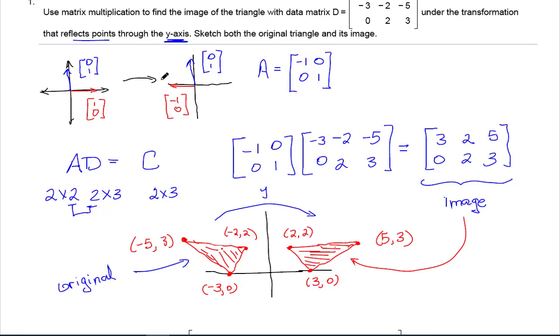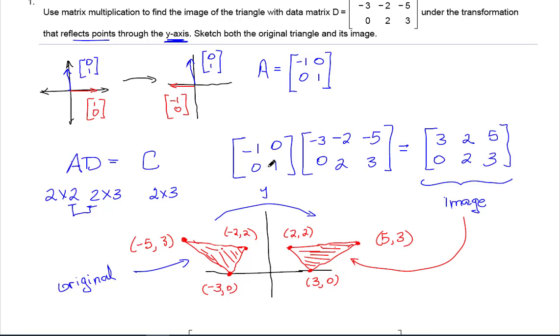Under the reflection about the y-axis, the 1, 0 becomes minus 1, 0. Nothing happens to 0, 1. So my transformation matrix A looks like minus 1, 0, 0, 1.